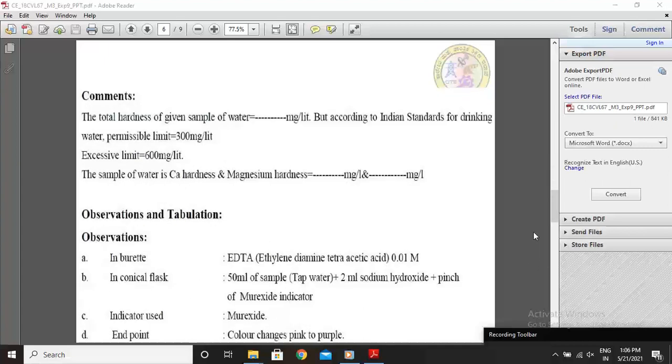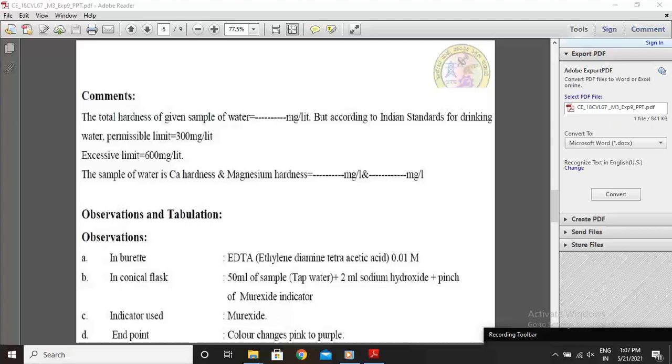So these are the observations and tabular columns. In the observation you write: in the burette, EDTA solution of 0.01 molarity, and in the conical flask 50 ml of sample, that is tap water, plus 2 ml sodium hydroxide plus a pinch of Murexide indicator.